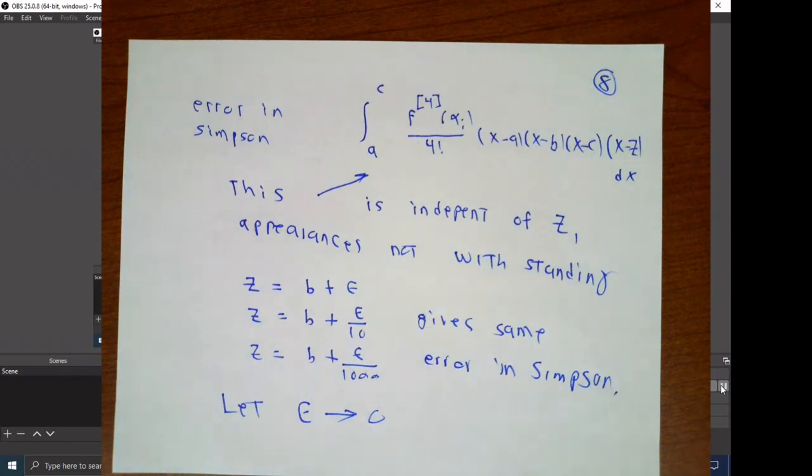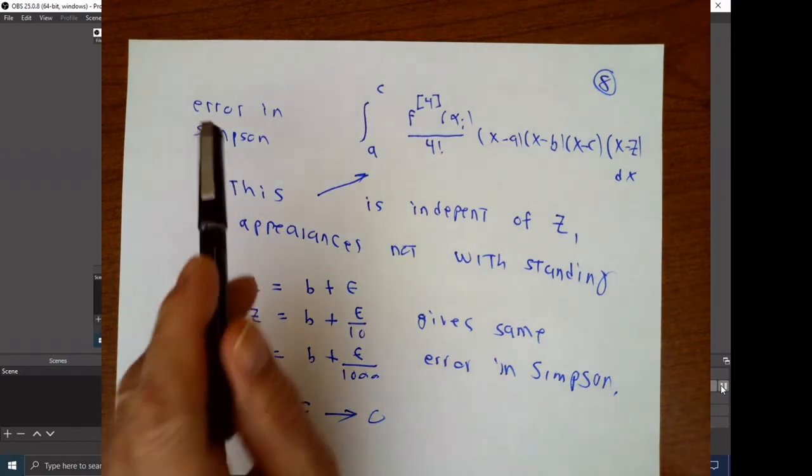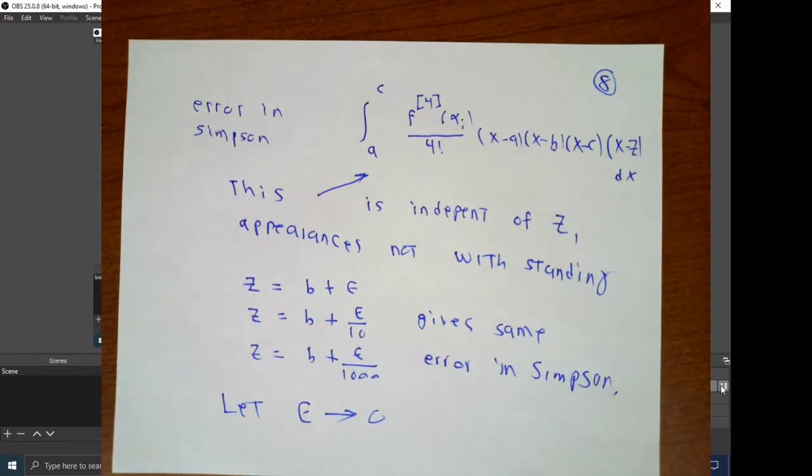x minus z will change sign somewhere in the interval, so I can't just use the mean value theorem for integrals. On the other hand, since this doesn't actually depend on the exact value of z, I can resort to trickery. I can select some small positive number epsilon and let z equal b plus epsilon, and this formula will be true.